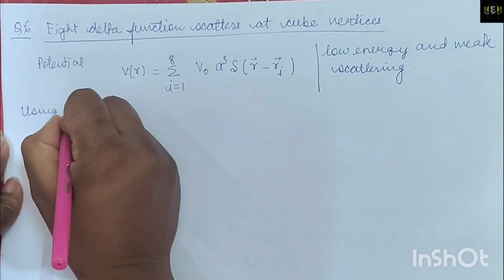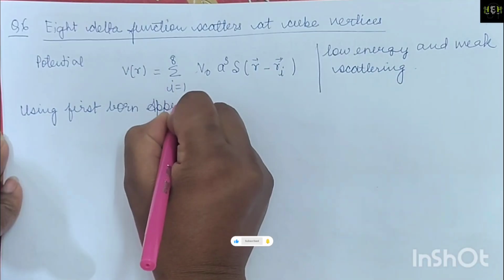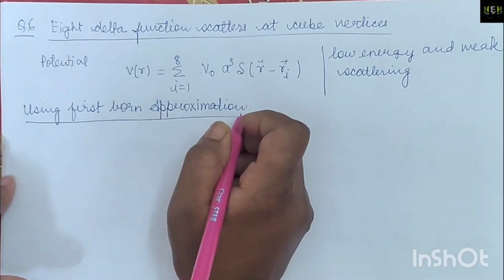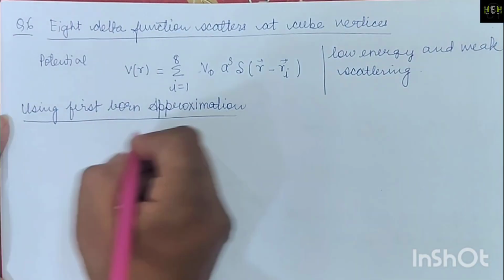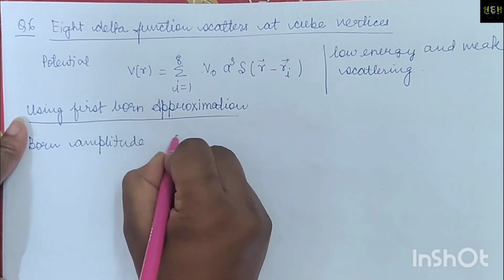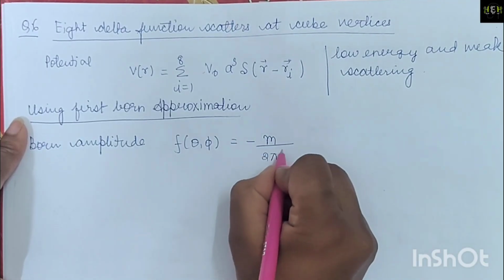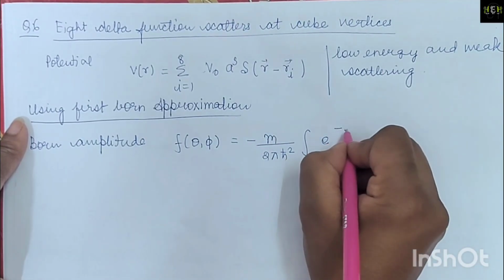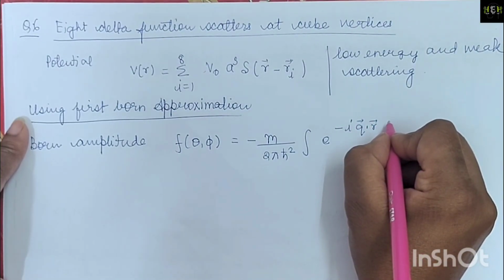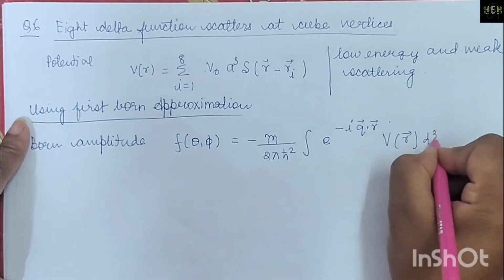So I will write, using first Born approximation, what is my Born amplitude? f of theta and phi is equal to minus m upon 2 pi h cut square, integration of e to the power minus i q dot r, V of r, d cube r.